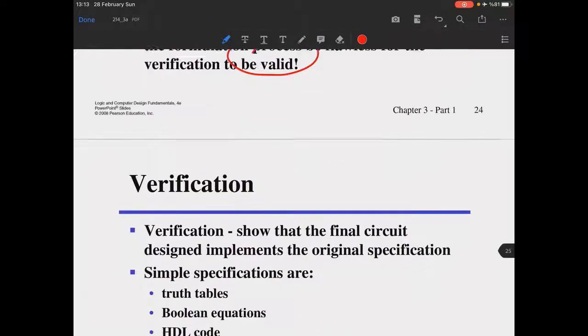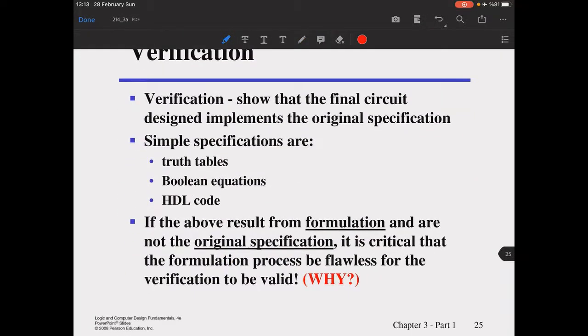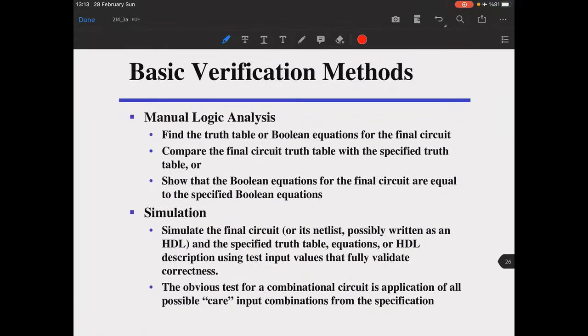That's what we're being told here. Because if you have the input-output matching truth table, for example, it's pretty straightforward. But if you have a formulation as specification here, you should be careful. It should be flawless. That's what it tells us.